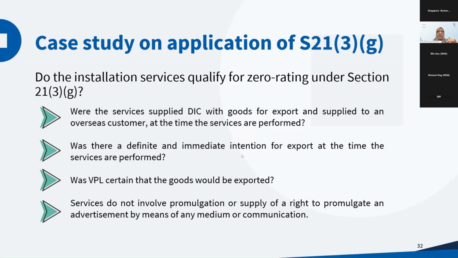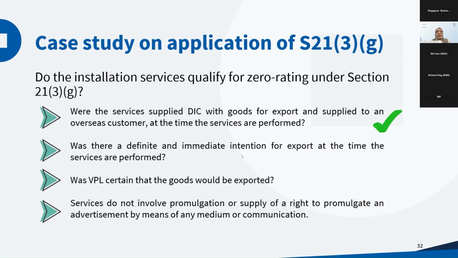So we walk through each condition to understand why the services can actually be zero rated. First we look at whether the services were supplied directly in connection to goods for export, and whether they were supplied to an overseas customer. Since VPL performs the physical work of installing the pumps on board vessel A, VPL's services are considered to have satisfied the condition of directly in connection with goods.